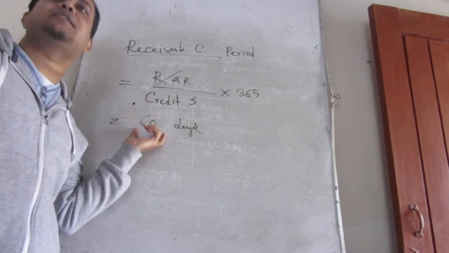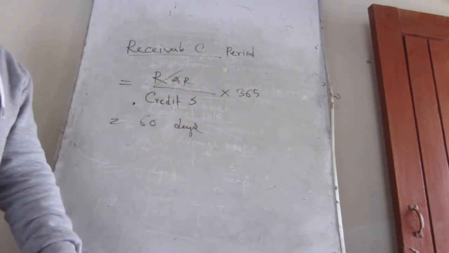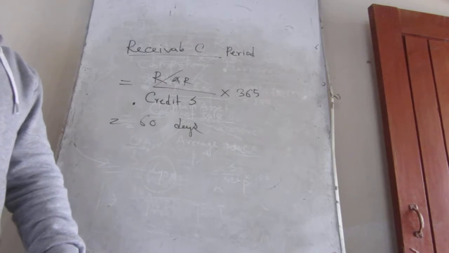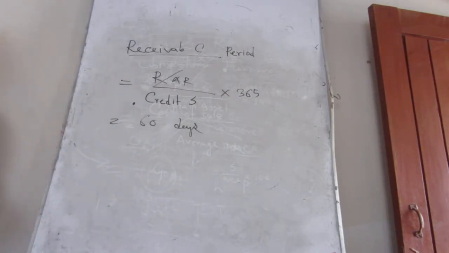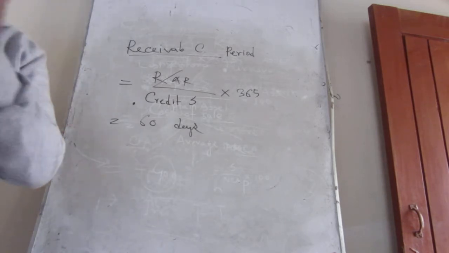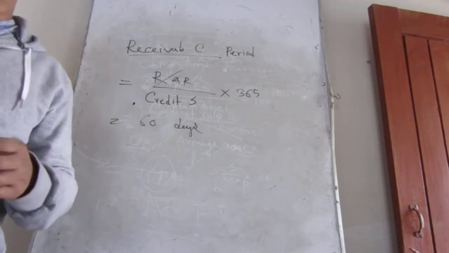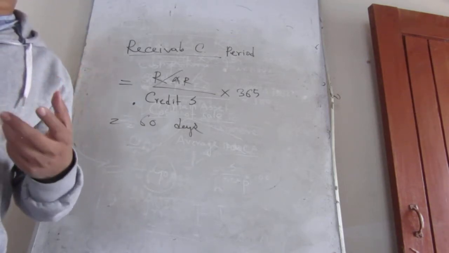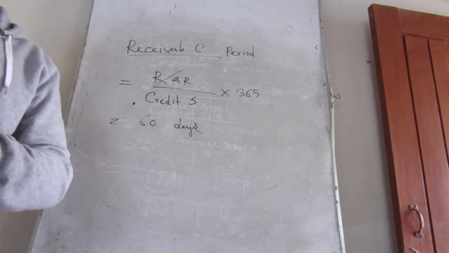This is the average collection period to collect the receivable from the credit customer, right? So if you want to make yourself efficient, efficiency means you have to reduce this collection period, because money in hand is much more worthwhile than money in other hand, right?